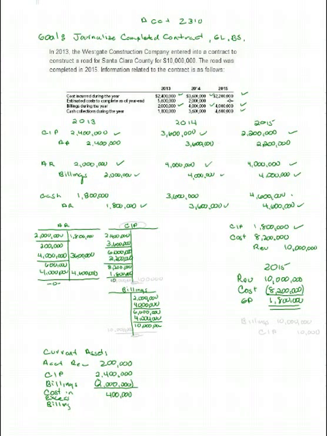And the journal entry is to close out construction in progress and billings against each other. Billings needs to be closed against construction in progress. Construction in progress needs to be closed against billings. And if you look at our example, when you post these two, it takes everything to 0.